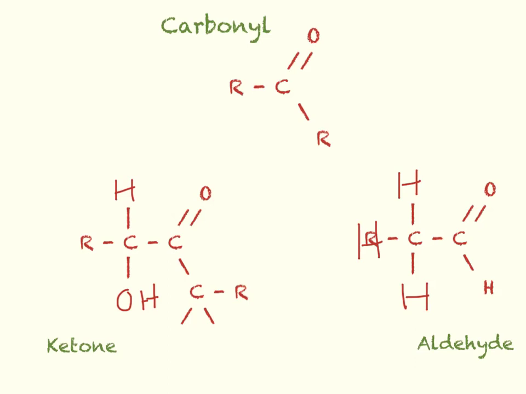The key thing to remember about an aldehyde is that this substituent here is an H, so it's less complex than here. We're going to run into this a lot when we're studying sugars, because we're going to have ketoses such as fructose and aldoses such as glucose. So you should know the two types of carbonyl that we're going to run into in biology quite a bit: ketones and aldehydes.